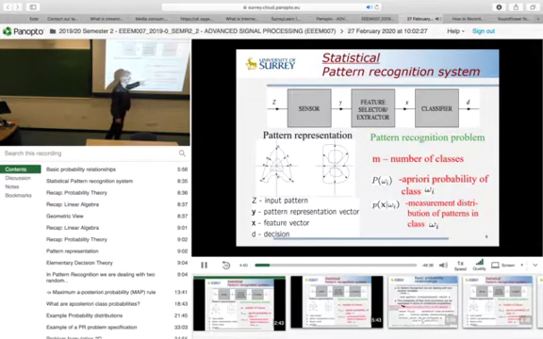And then you've got the probability of X given omega i. This is the distribution of patterns, so the probability density of the pattern features given that particular class. Suppose that you've got things in this first class, the A letters, you've got lots of different shapes here.